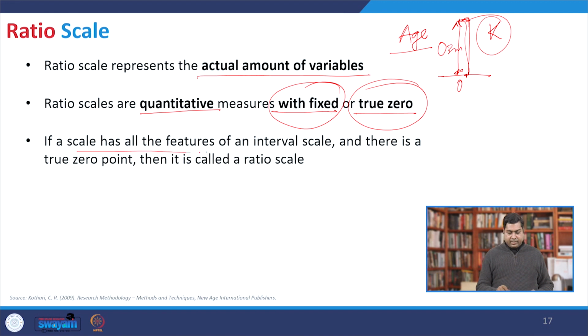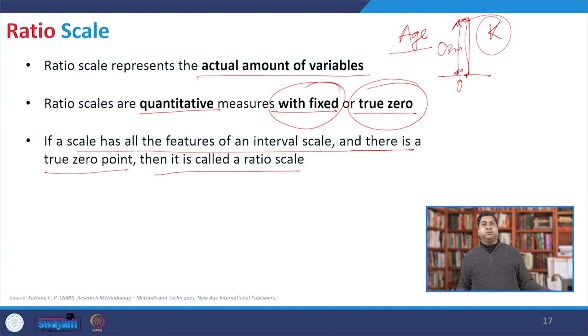If a scale has all the features of an interval scale and there is a true 0 point, then it is called the ratio scale. So, that means between interval and ratio, the difference is only the true 0 value, and all such operations are possible because of this true 0 value. All the operations are possible with ratio data.